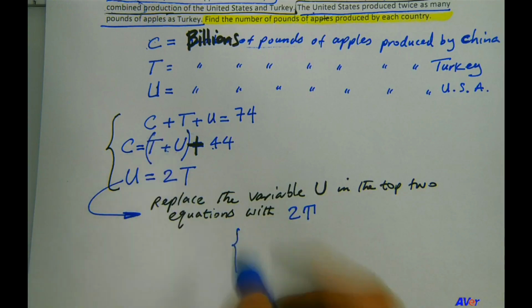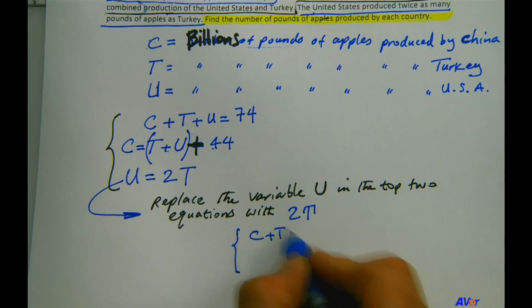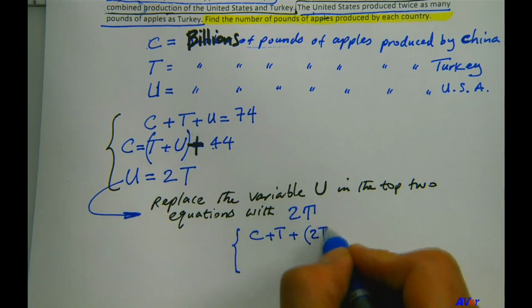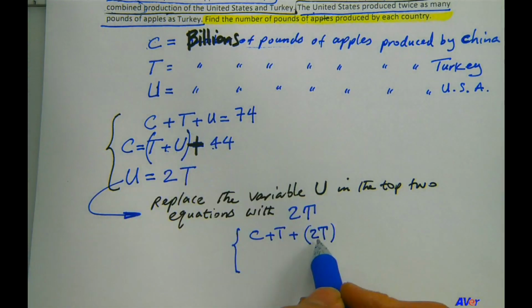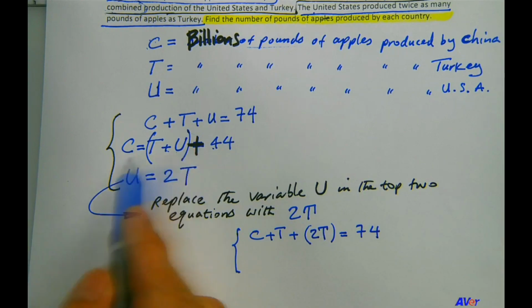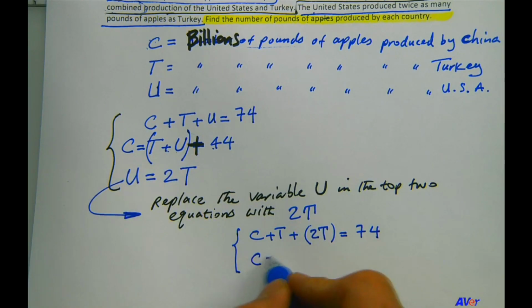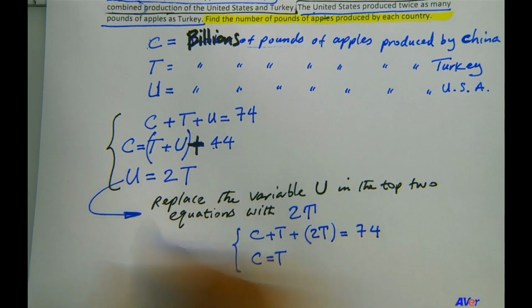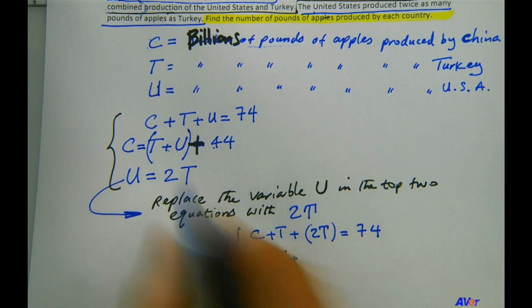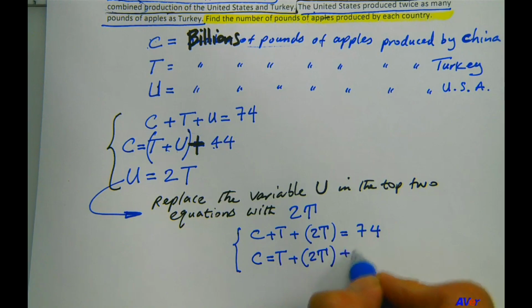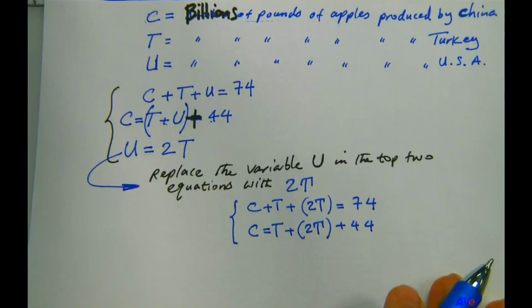So in the top equation, we have c plus t plus, when I get to u, I'm going to replace the u variable with 2t, equals 74. In the second equation, once again, c equals, instead of the variable u, let's substitute for it with 2t, then plus 44, right?